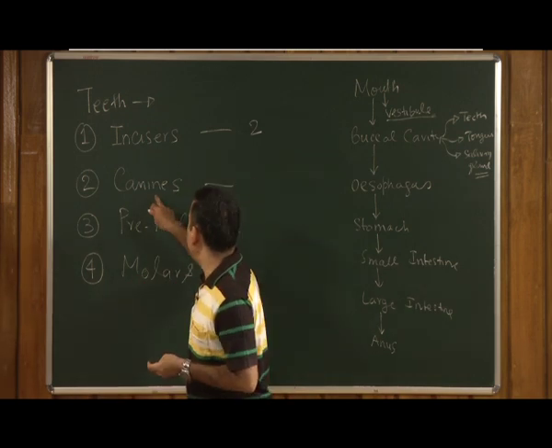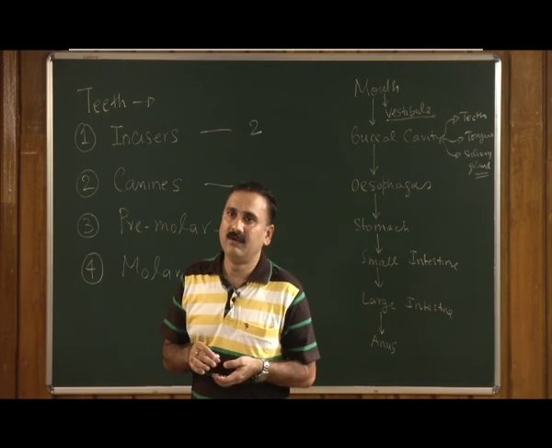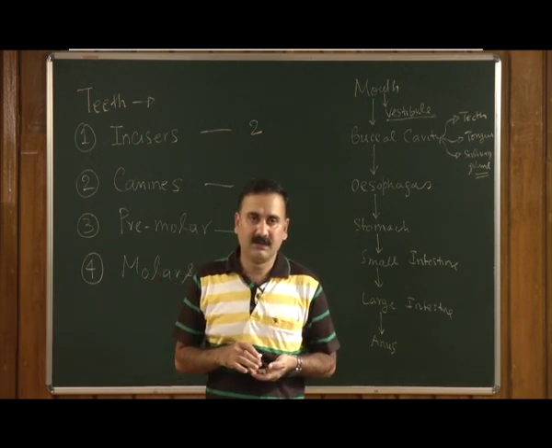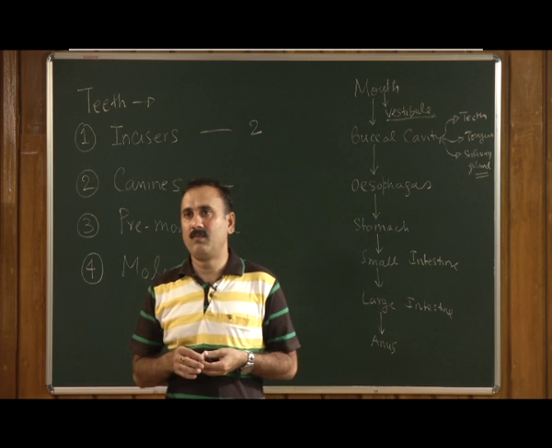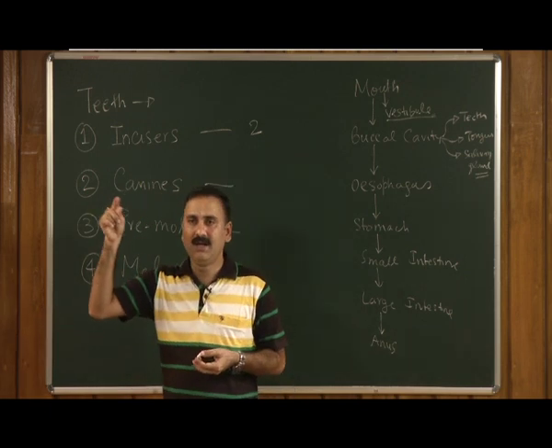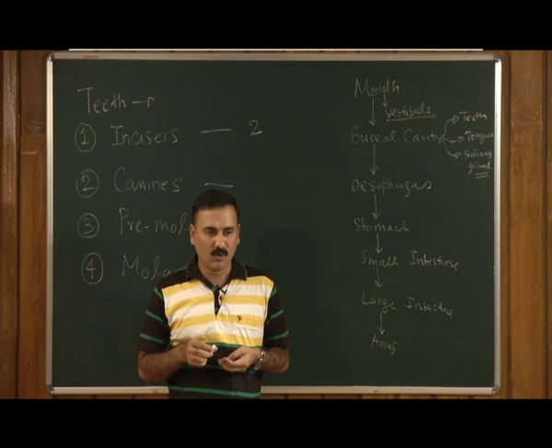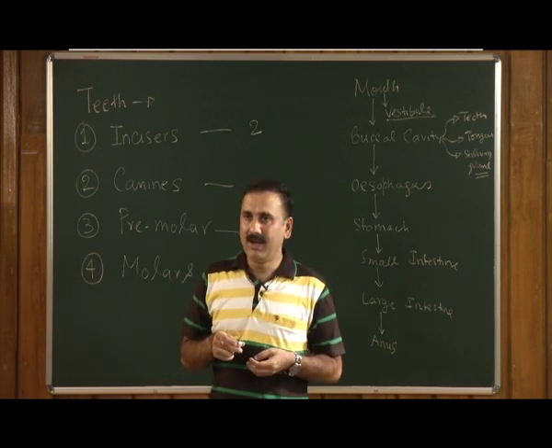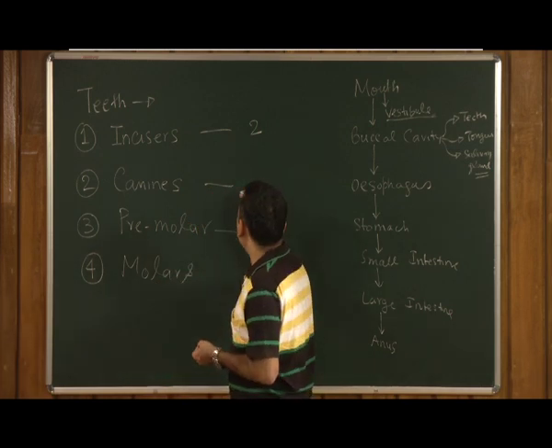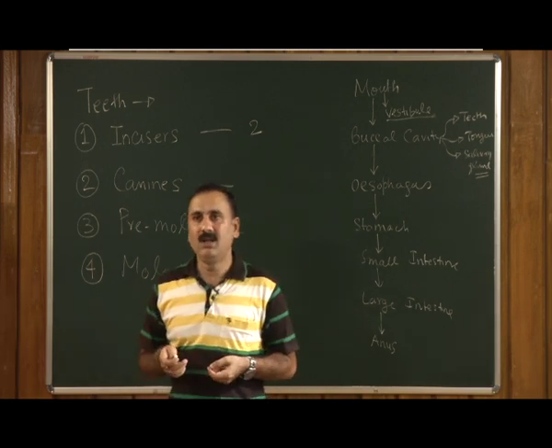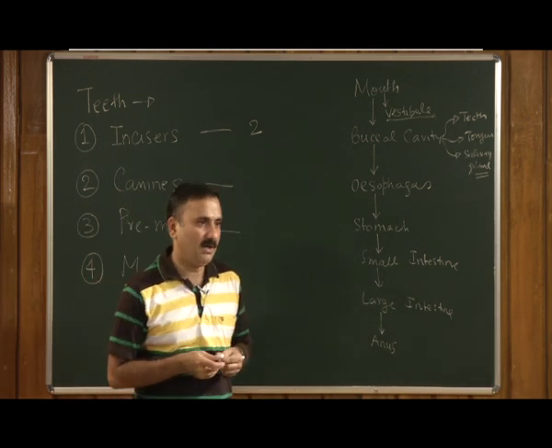Then we have canines. Canines are the pointed teeth, and they are pointed on one side, and the canines have the longest root. They are very specific for tearing the meat or tearing the flesh.